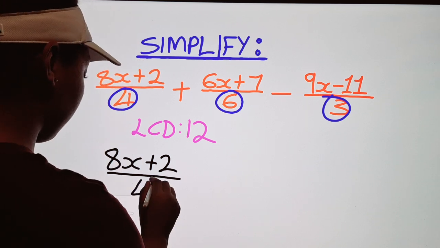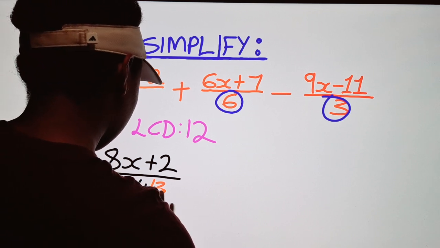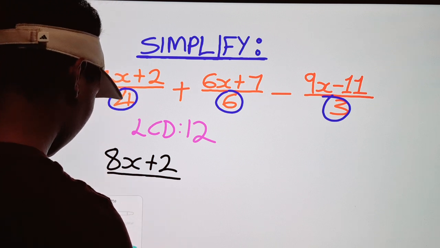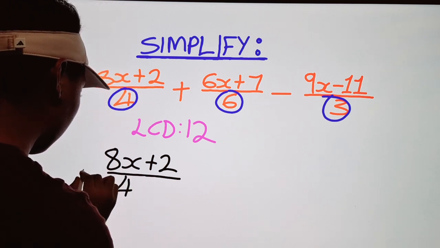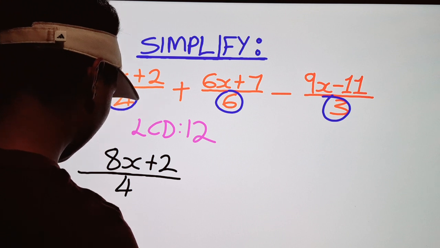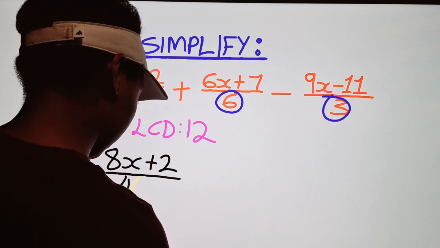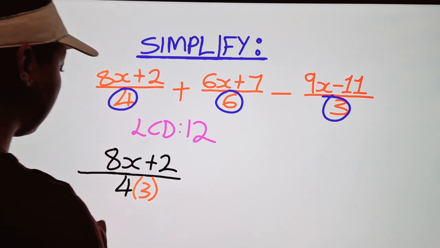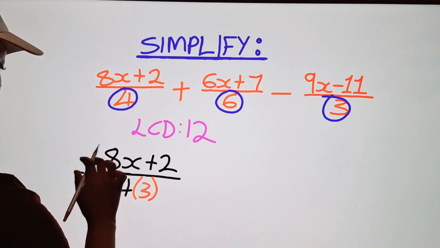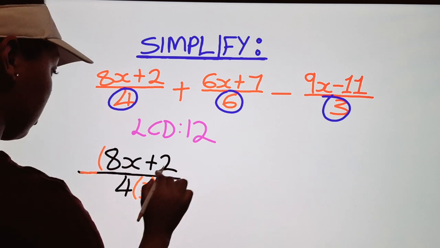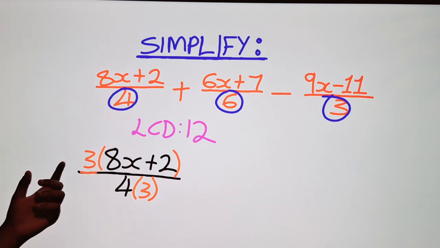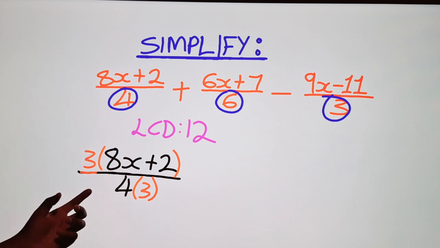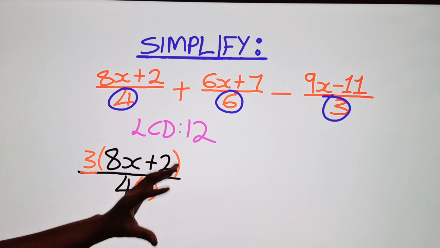To make 4 become 12, you times it by 3. 4 times 3 is 12. Meaning the numerator, you're going to have to times by 3 as well, because if you times the denominator by 3, you cannot leave the numerator the way it is. You must change everything, top and bottom.